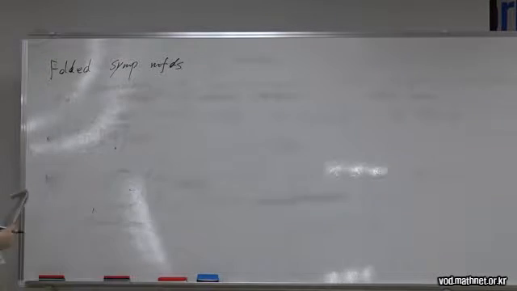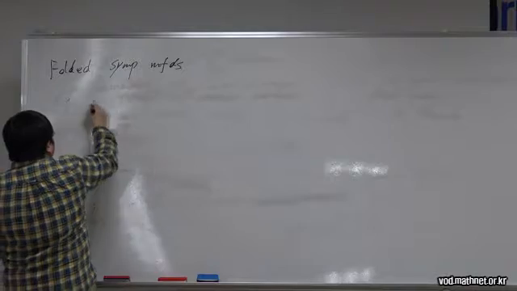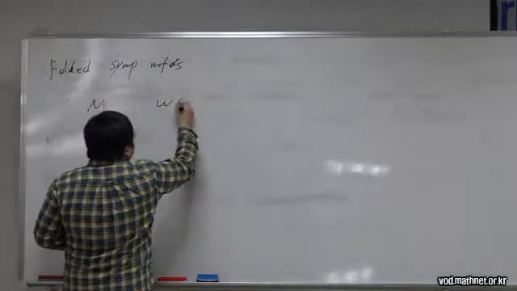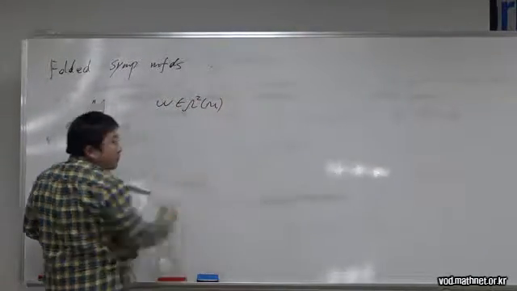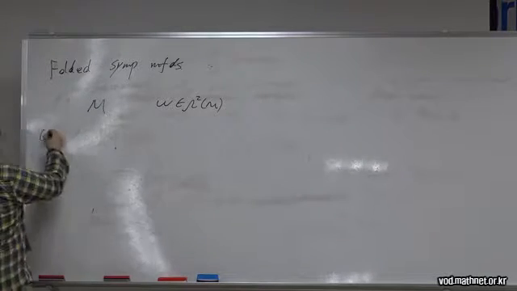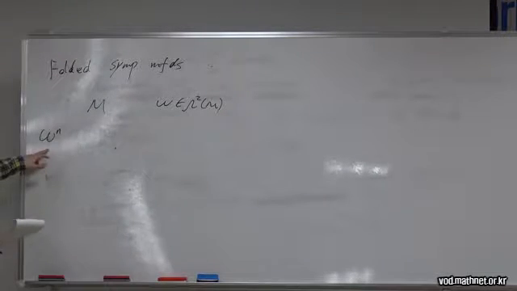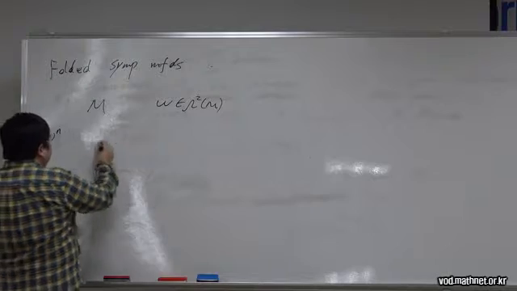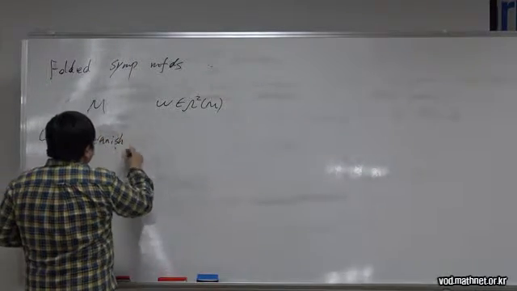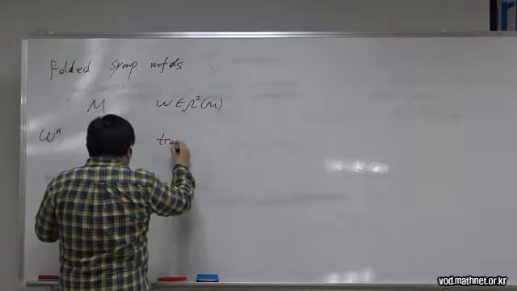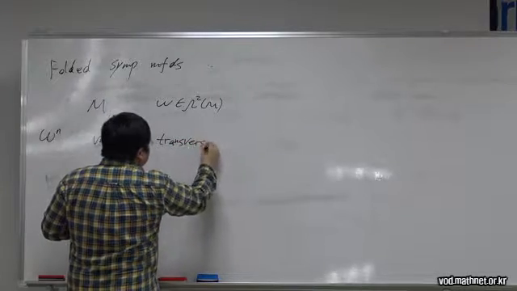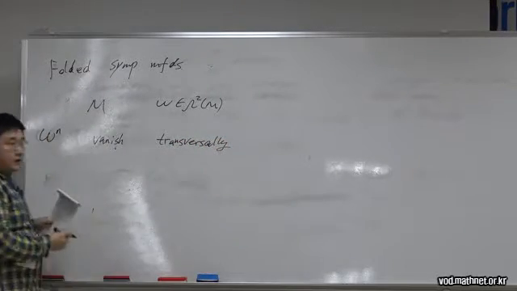Now we will introduce a folded symplectic manifold. That is, M is smooth and omega is a 2-form. If we allow that this top form vanishes transversally at some subset.